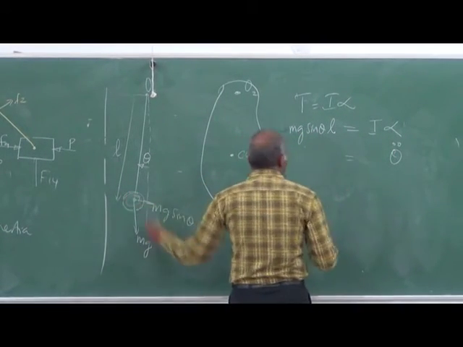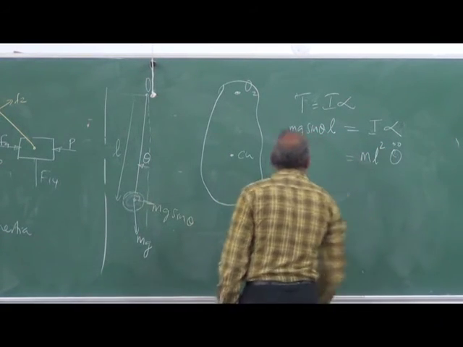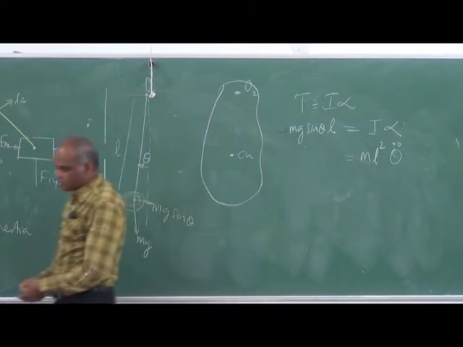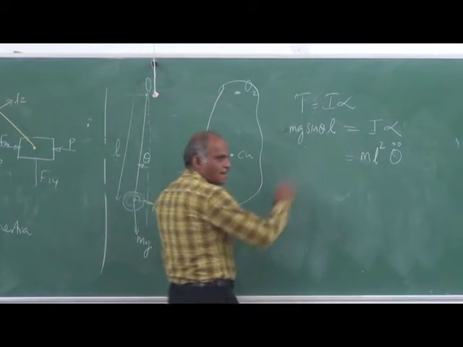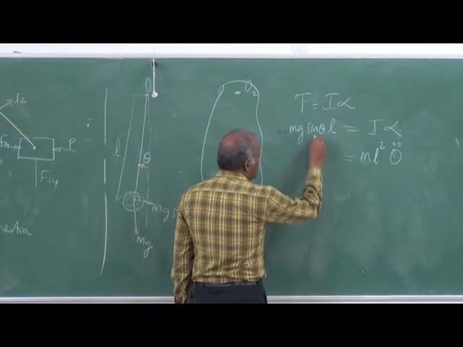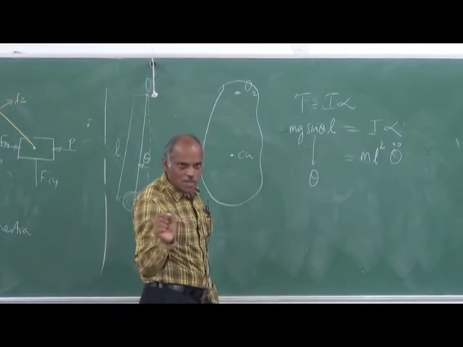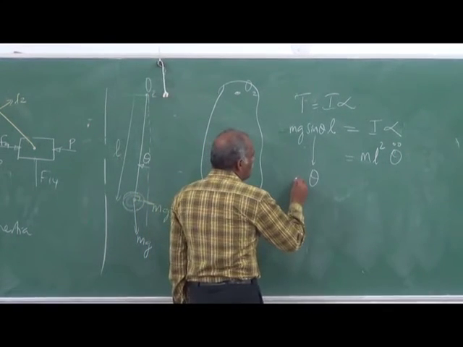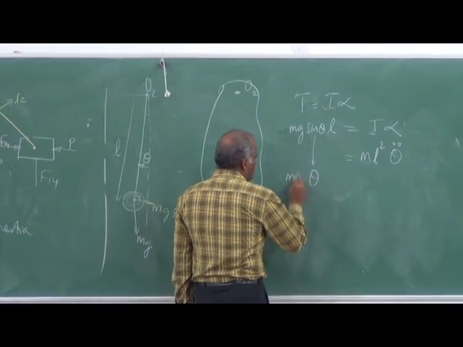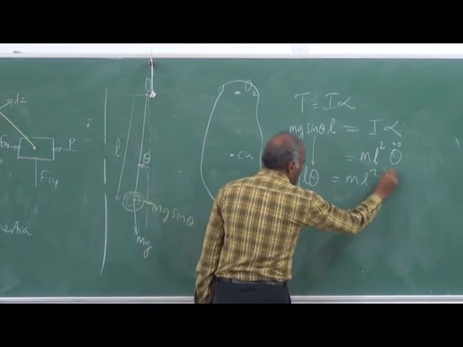I here, mass is concentrated, so that is m L square. I can write sine theta as theta if the displacement theta is small. So you can see that mg L theta is equal to m L square theta double dot.